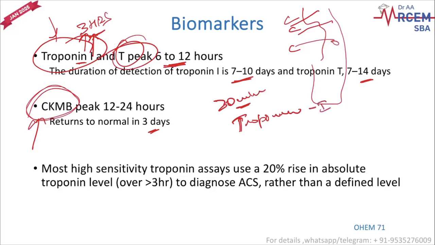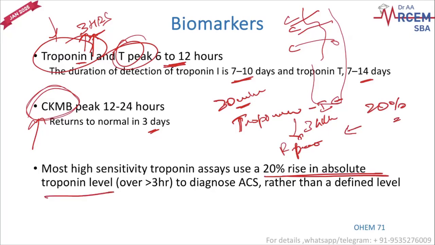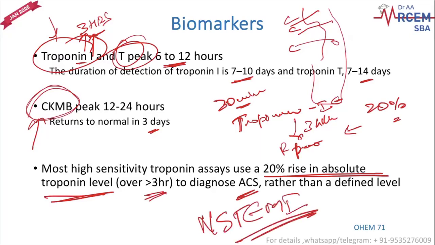You get a troponin I. You wait for 3 hours, then repeat the investigation and compare this value with the second value. If there is an absolute increase of 20% in the value of troponin after 3 hours, then you label it as an acute coronary syndrome. That basically you label as a non-ST segment myocardial infarction for this patient. Okay, that is one of the examples we are given.